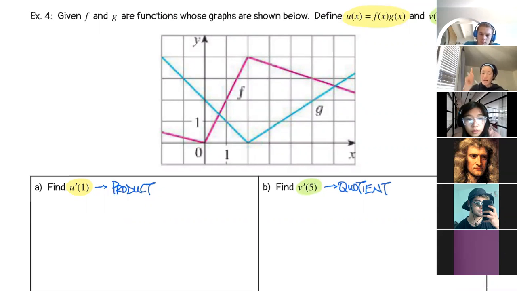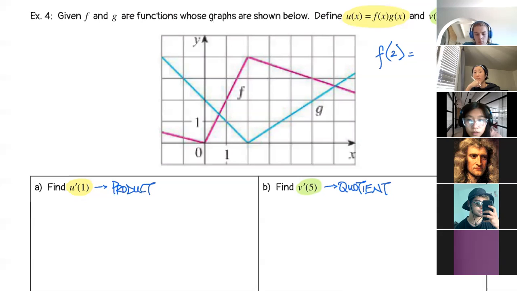Okay. Last hint before we move away from this question. How do I find this on the graph? Or rather, what is this from the graph?